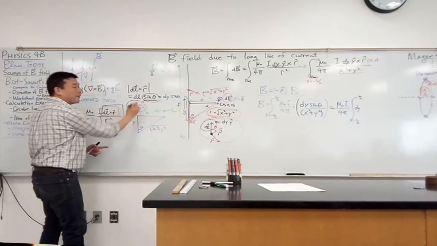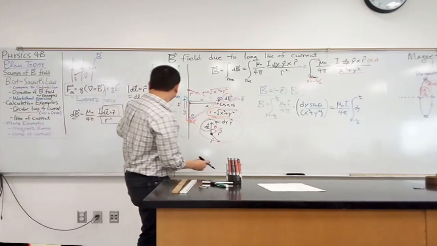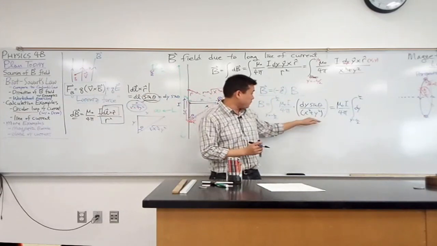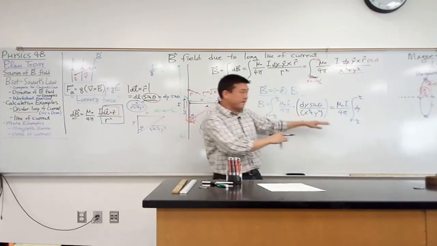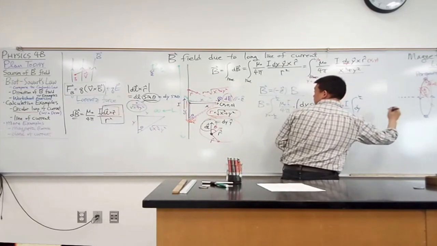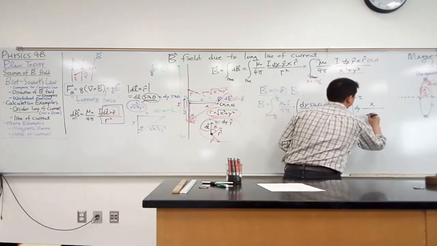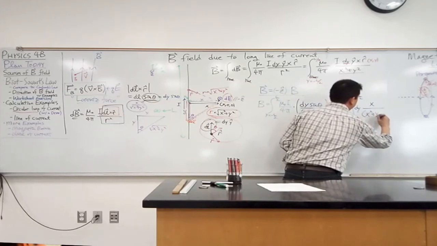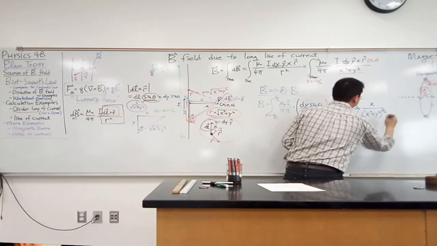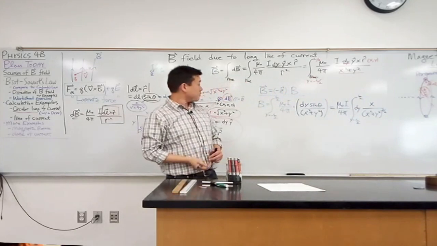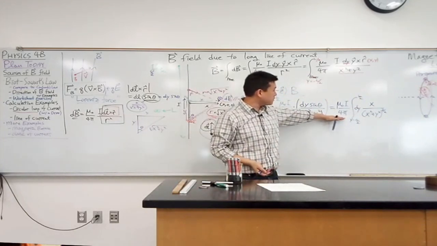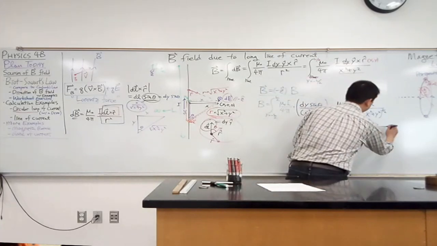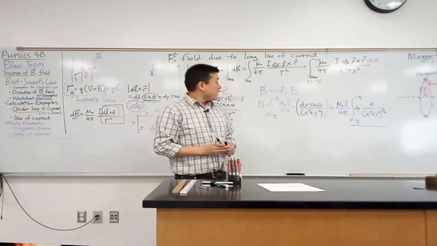There it is. So let me copy that down. x over this. In fact, the square root of x squared plus y squared is going to multiply to this. So let me combine that as I'm writing it down. So it'll be x over x squared plus y squared raised to the power of 3/2. All right, so everything outside here is constant. I guess there are some constants still remaining here, but I think I can deal with that.